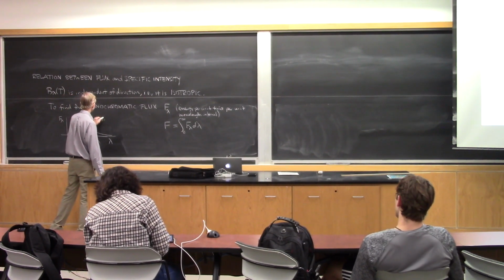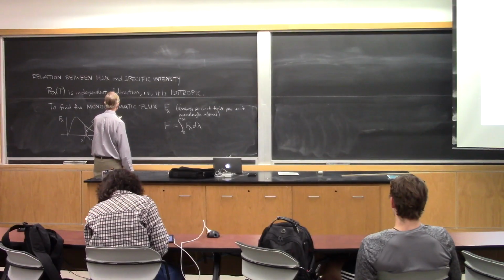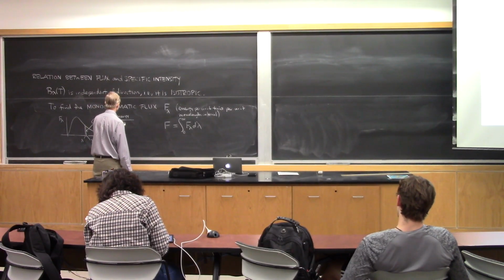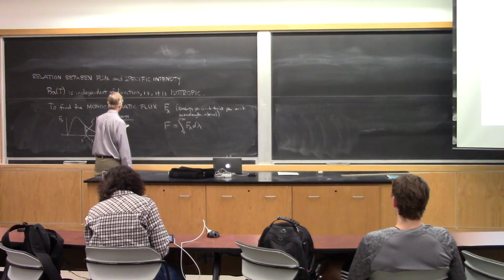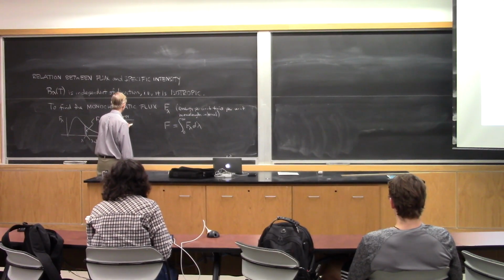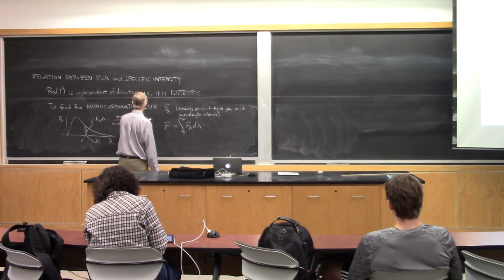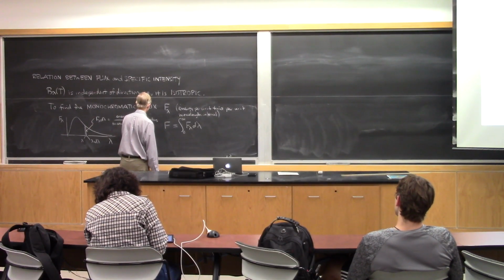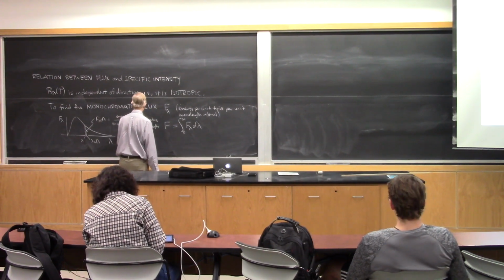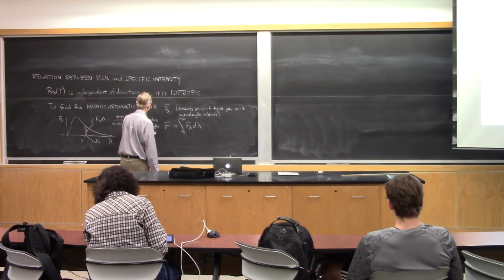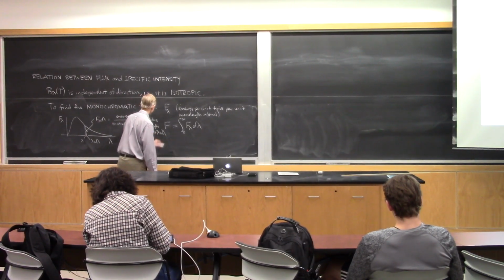F lambda d lambda equals energy per unit time per unit area for photons in wavelength range lambda to lambda plus d lambda.